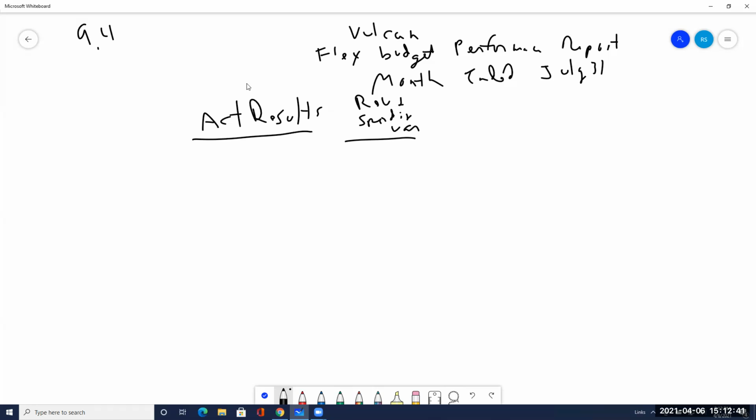Then we're going to have our flexible budget. Then we're going to have our activity variances. And our planning budget.